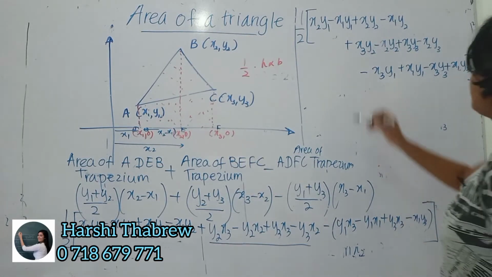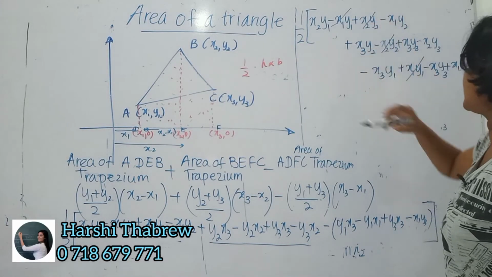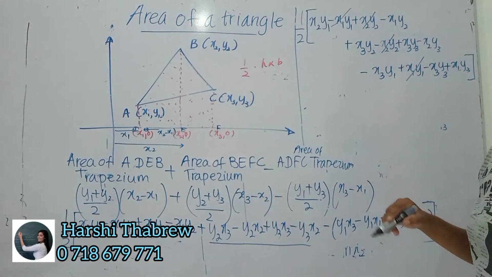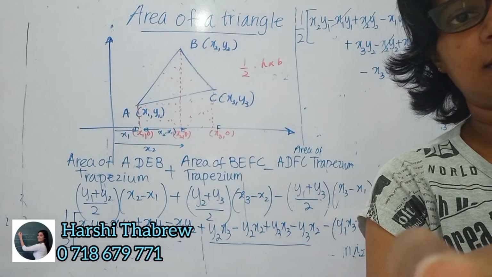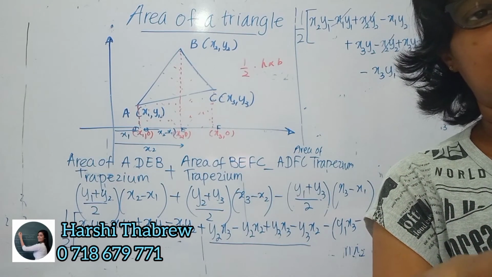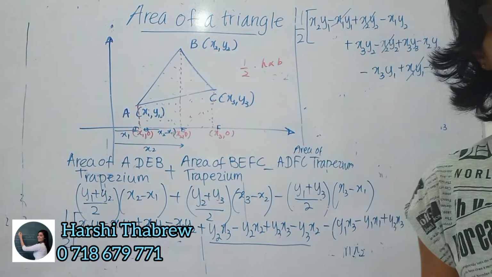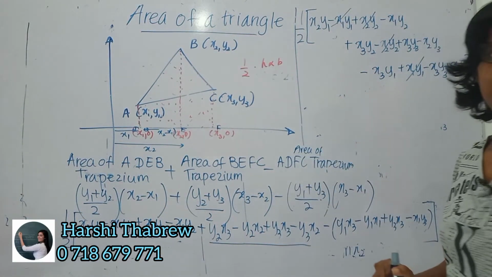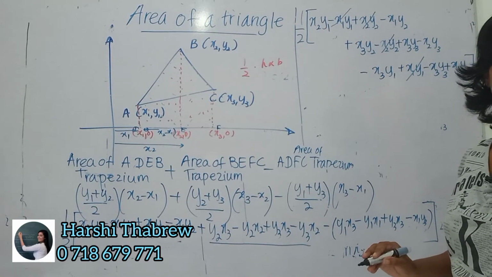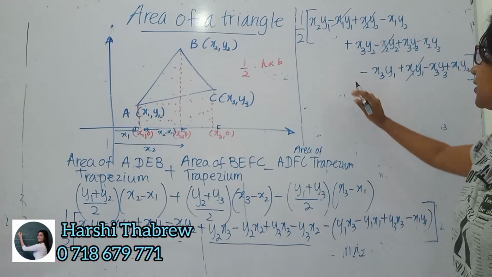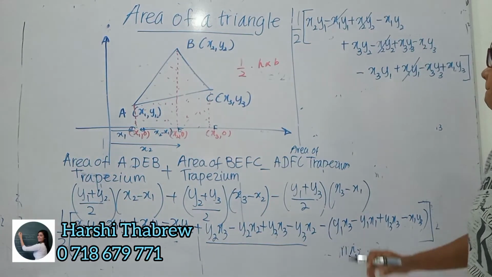Then you can simplify, these two can be cancelled and these two can be cancelled because they are same and in the opposite directions. Right? Okay.